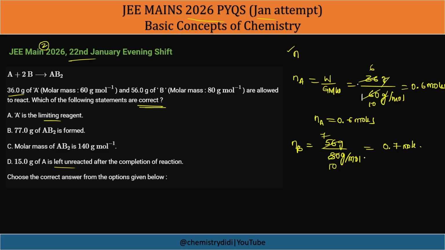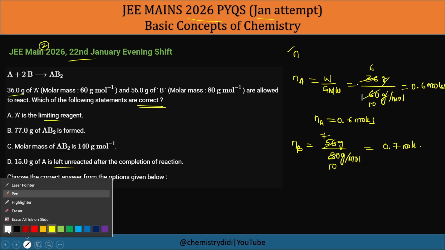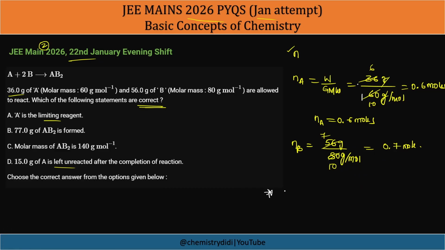Fine. There are two ways in which you can find out which is the limiting reagent. I'll tell you both. Over here, you just divide the number of moles by the stoichiometric quotient. The stoichiometric quotient of A is 1, and of B is 2, right?